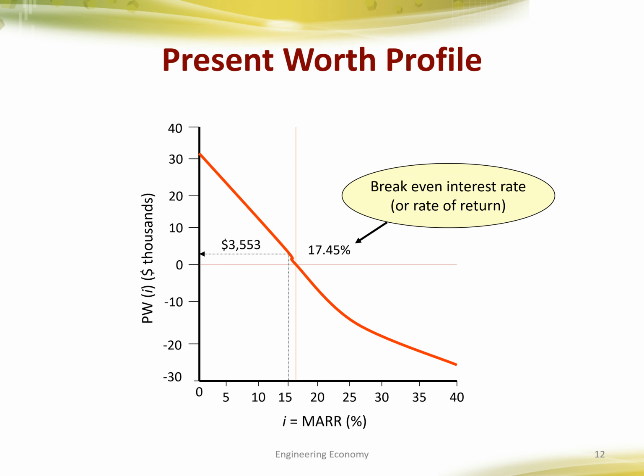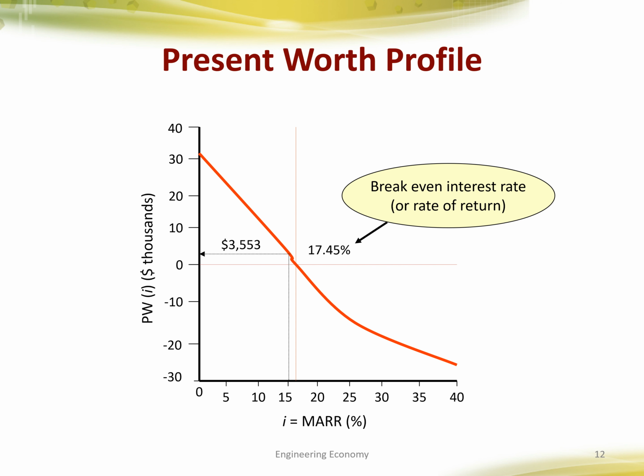17.45%, as we saw in the previous slide, is the break-even interest rate. Okay, it is the minimum attractive rate of return that we define, and at that point is the break-even.